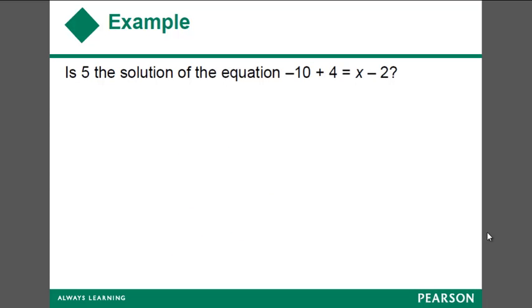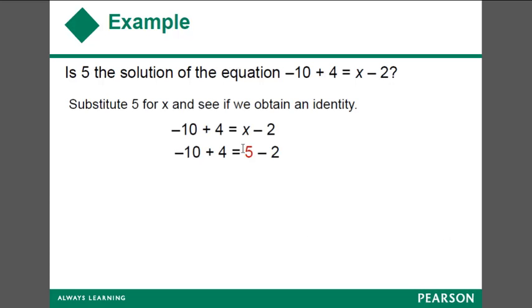Here's an example where I'm asked, is 5 the solution of the equation negative 10 plus 4 equals x minus 2? What this is asking me is, does 5 in place of x make this a true statement? So what I'm going to do is substitute 5 in for x.